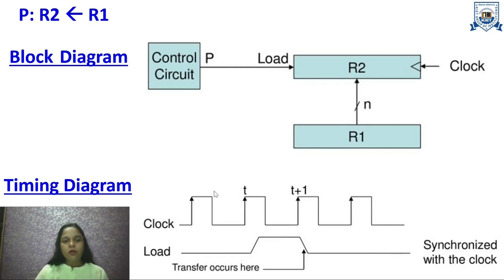And what is a clock? A clock is a time varying voltage signal denoted by this, and at some edge the load is enabled, and at t plus 1 this load will be done, and we say that at t plus 1 the transfer occurs here.